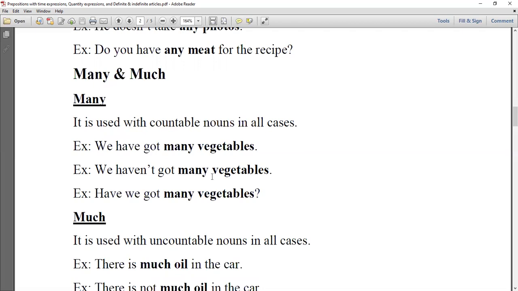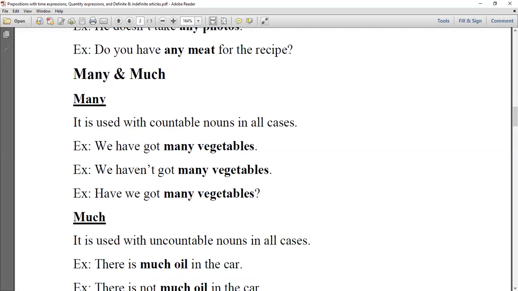We haven't got many vegetables. Have we got many vegetables? As you notice, students, the first sentence is positive. The second sentence is negative, and the third one is a question. And we have vegetables. This is a countable noun.